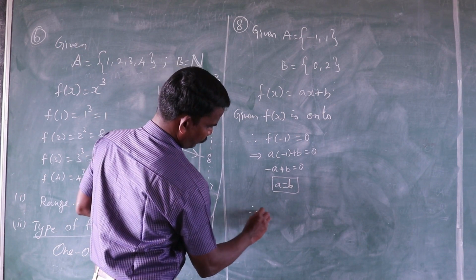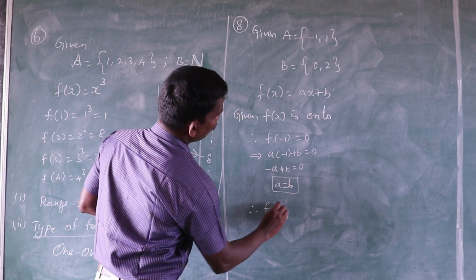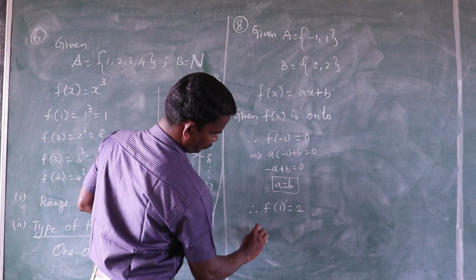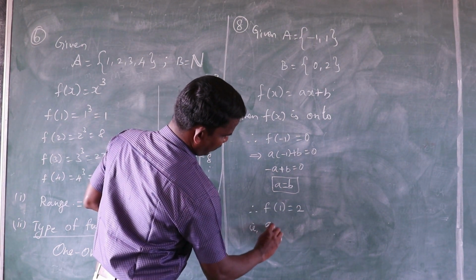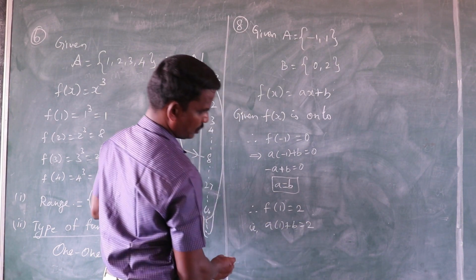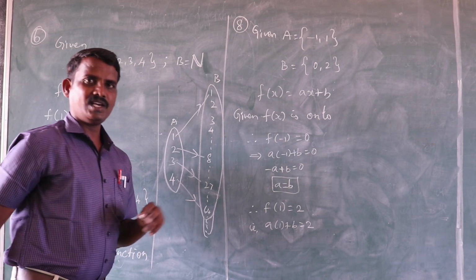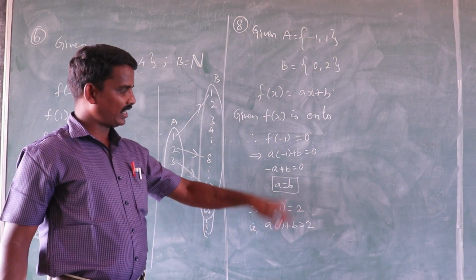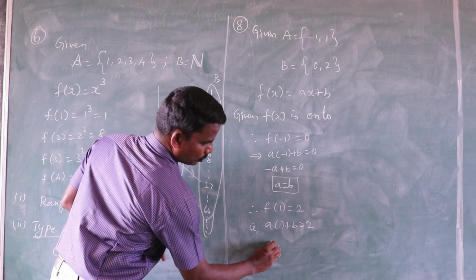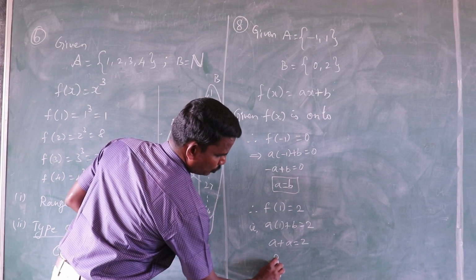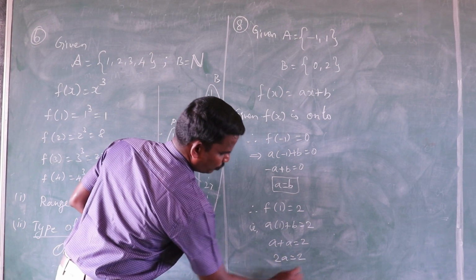Also second one, f of 1 is equal to 2, that is a into 1 plus b is equal to 2. We find here a equal to b, so replace in place of b or a, anyone change it. So a plus a is equal to 2. 2a is equal to 2.